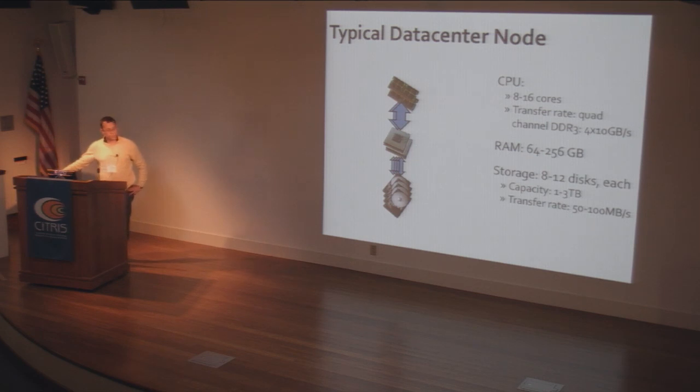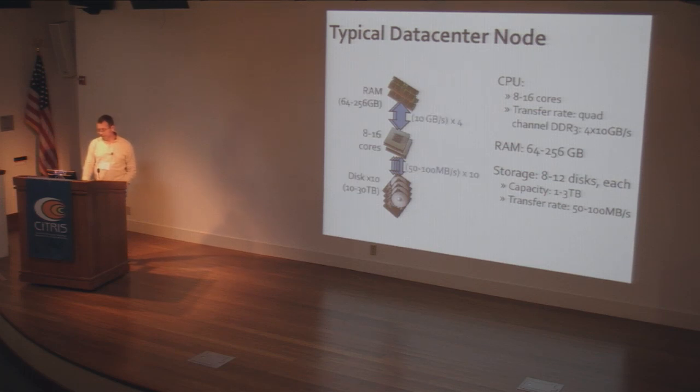The transfer rate to the memory, assuming quad-channel DDR3 like in Sandy Bridge, is around 40 gigabytes per second, 10 gigabytes per second per channel. You'll have probably between 64 and 256 gigabytes of RAM, and somewhere between 8 and 12 disks, each disk with a capacity between 1 and 3 terabytes, and a transfer rate between 50 and 100 megabytes per second.